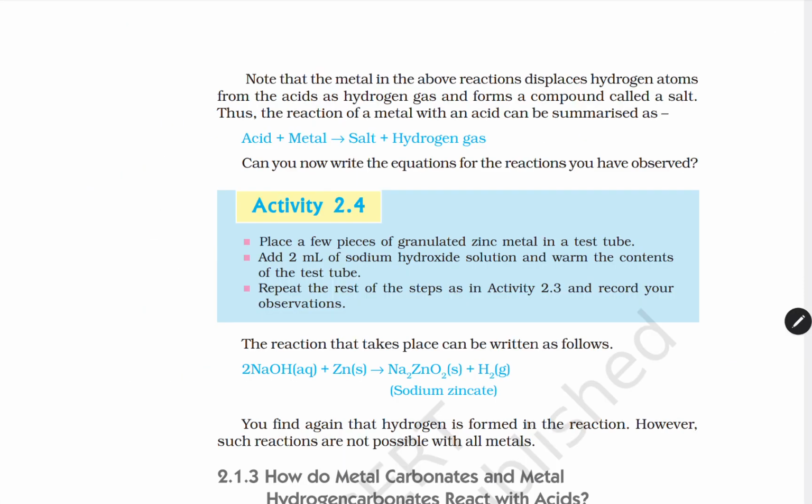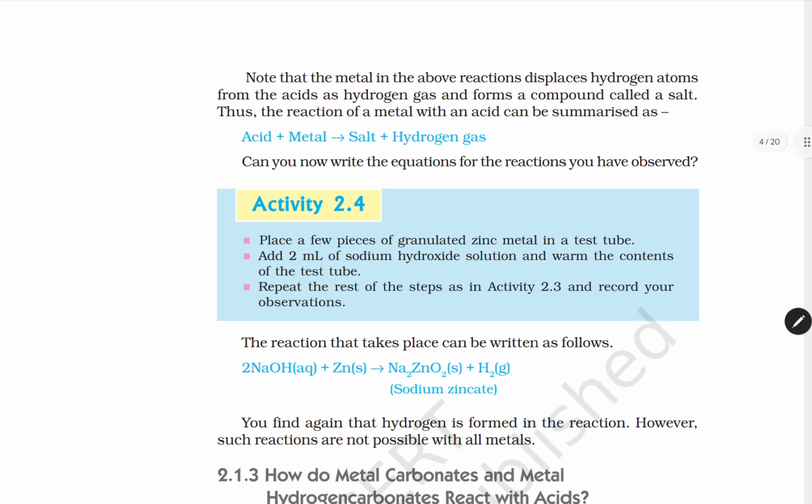So the reaction that takes place here is that the acid and metal both react to release salt and hydrogen gas. This we need to observe. Here, the metal displaces hydrogen atoms from the acid as hydrogen gas and forms a compound called salt.